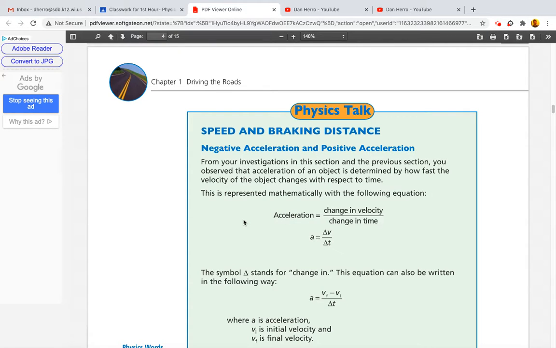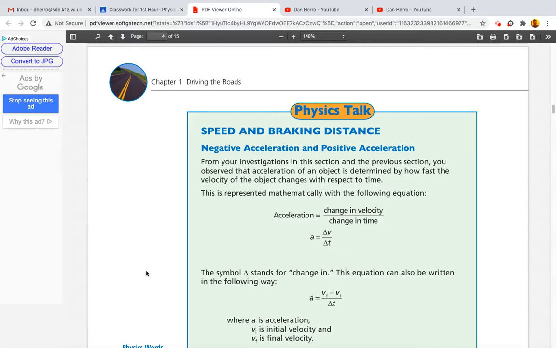Acceleration equals change in velocity divided by change in time. The symbol delta stands for change in.